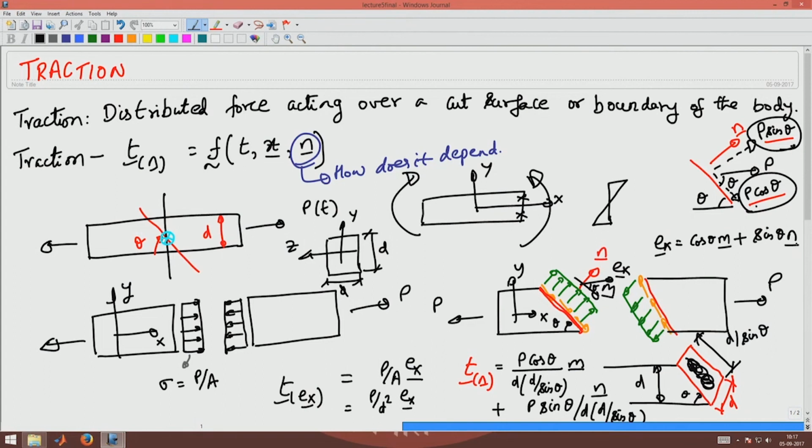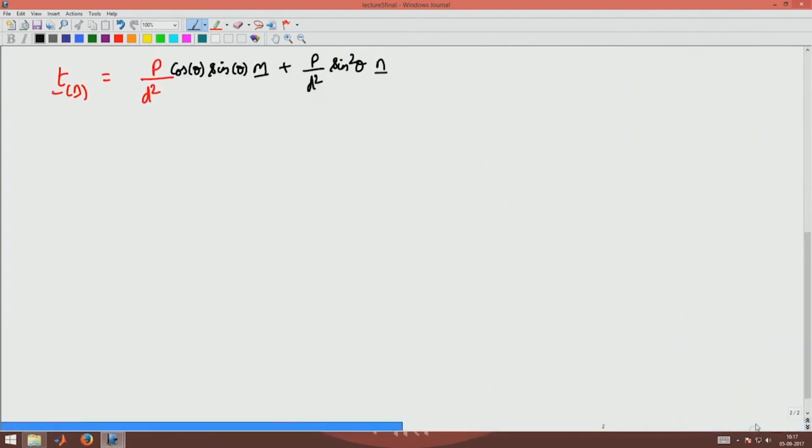So Ex is cos theta m plus sin theta n, resolving the Ex direction along the m and n directions. So coming back to this, we saw that Ex is cos theta m plus sin theta n.